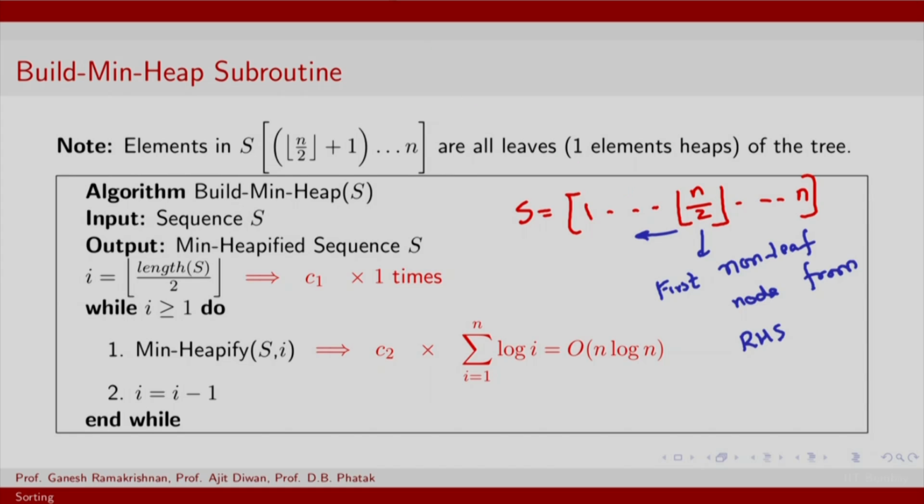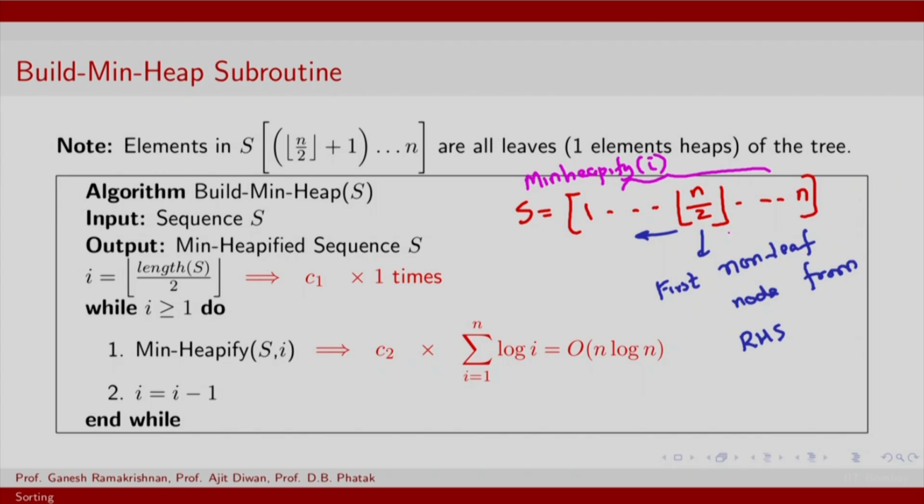So for an arbitrary index I, what this will mean is invoking min heapify with respect to this subarray.